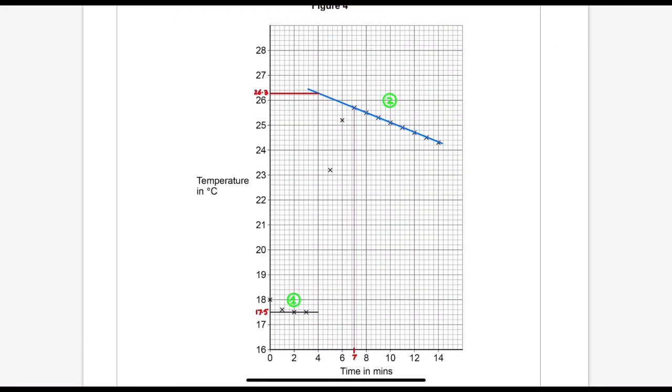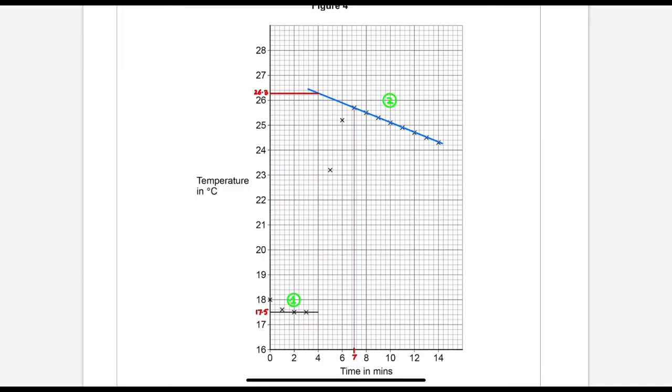From figure number 4, we can see that the time is along x-axis and the temperature is along y-axis. And we can see that after 7 minutes, the temperature is dropping. The initial temperature was 17.5, then it starts increasing, and after 7, it starts decreasing.